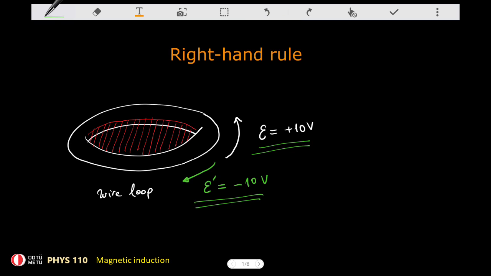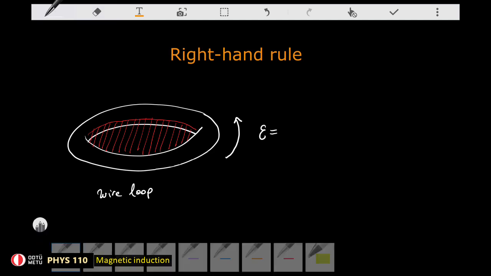There are also situations where beforehand we don't know the direction of the EMF, so it is useful there as well. In any case, we choose a direction and then along this direction we compute the value of the EMF.